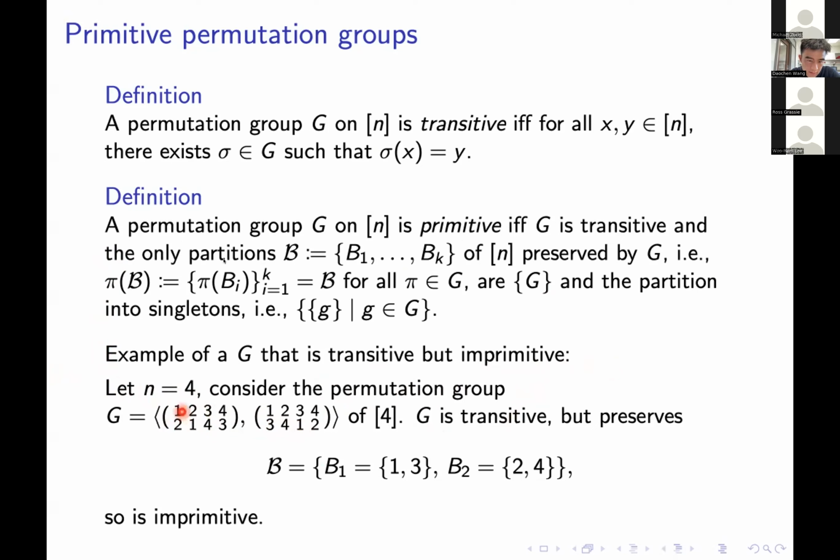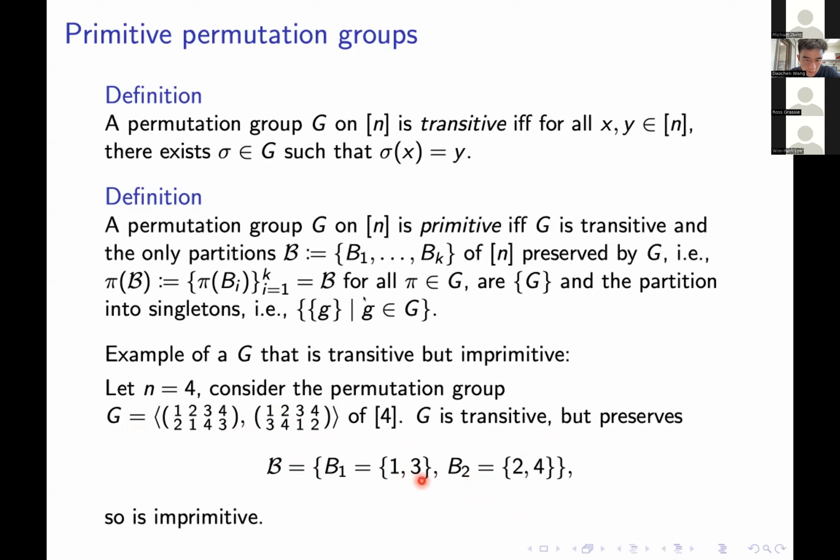We can definitely get from 1 to 2. We can also get from 1 to 3 by going from 1 to 2 using the first permutation, going from 2 to 4 using the second permutation, and then going from 4 back to 3 using the first permutation. You can see that it is transitive for all of the other pairs you might think of. But it preserves this partition B into B1 and B2, where B1 is the set 1, 3, and B2 is the set 2, 4.